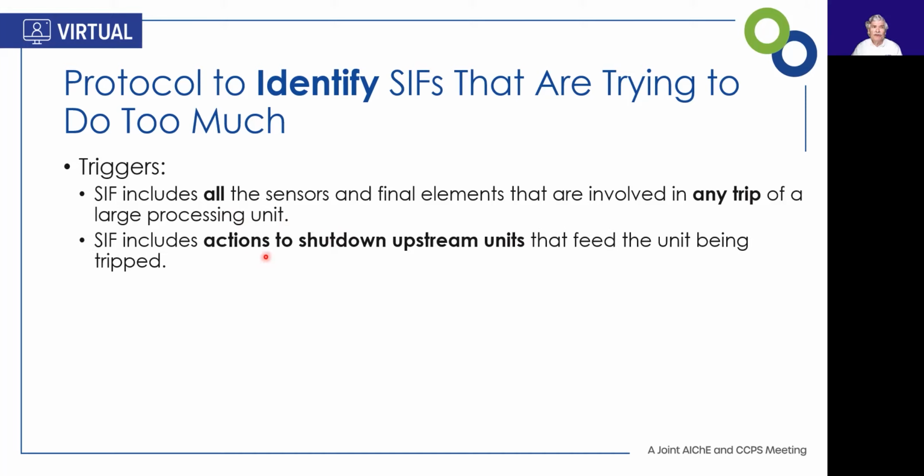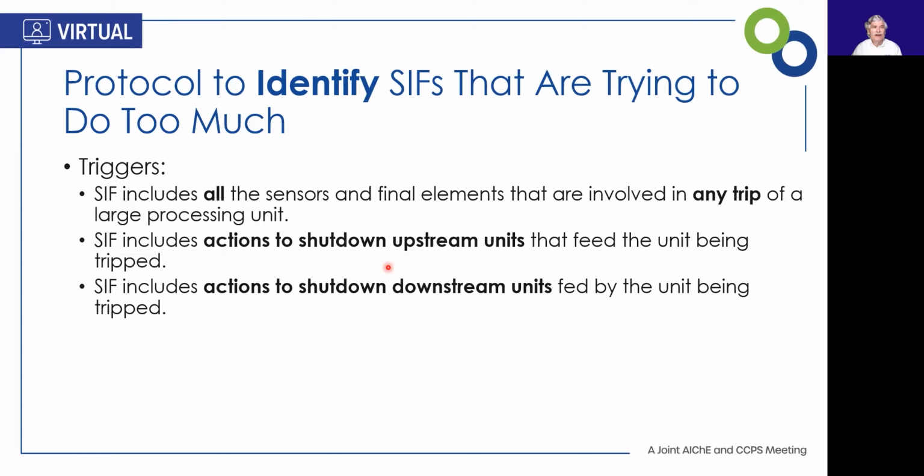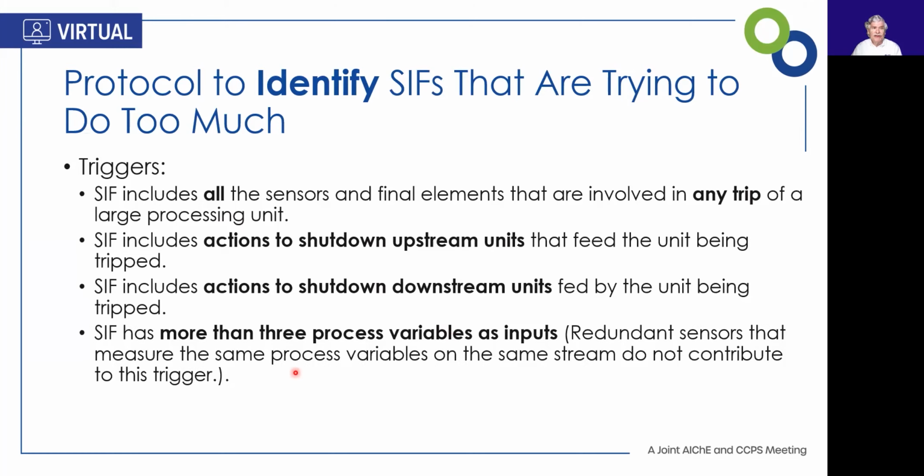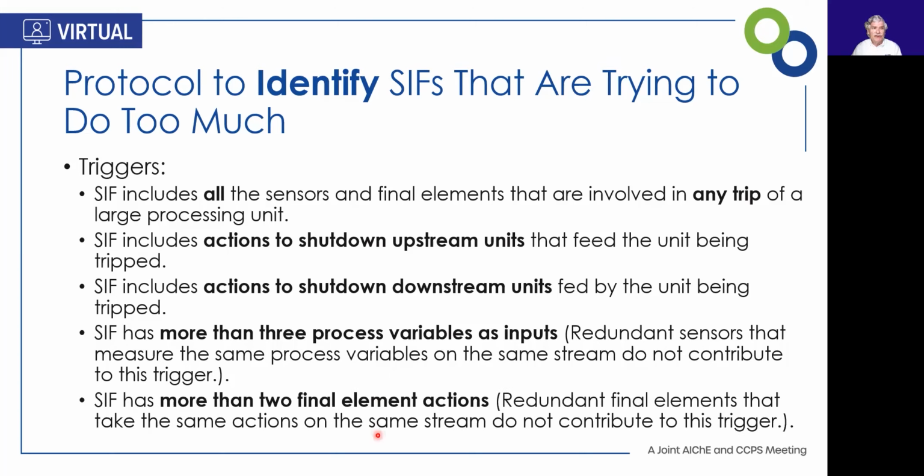If the SIF includes actions to shut down upstream units that are feeding this unit, if the SIF involves actions to shut down downstream units fed by this unit, if the SIF has more than 3 process variables as inputs, if the SIF has more than 2 final element actions, all of these are triggers. Good engineering judgment is required. These quantities of inputs and actions may not be completely rigorous, but they give us a good starting point.